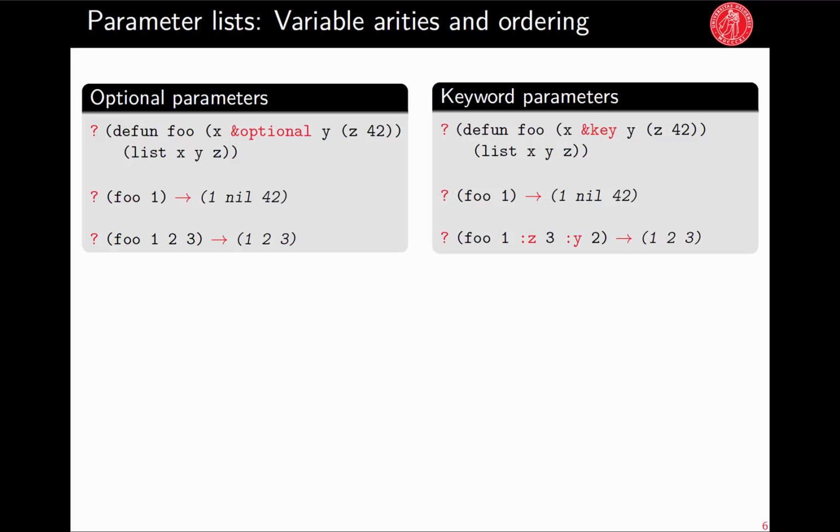If you moved z to the left-hand side of the optional marker here, that would mean saying that z always had to be provided when you call the function, and then it wouldn't make sense logically to provide a default even, because that default would never be used because you would have to supply a value. So yeah, the answer is no. You can't just move z to the left here.